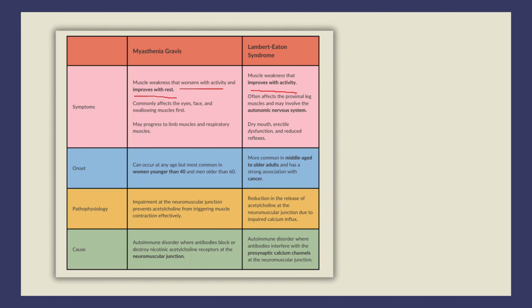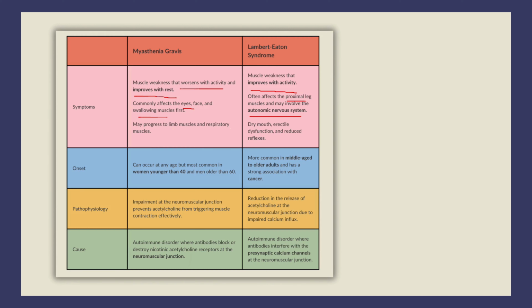And Myasthenia usually starts with your eye and face muscles, like ptosis and dysphagia, swallowing difficulty, while Lambert-Eaton is mostly in the proximal limbs. Another most important difference which does come in exams is autonomic nervous system involvement, which is much more common in Lambert-Eaton syndrome as compared to Myasthenia Gravis.